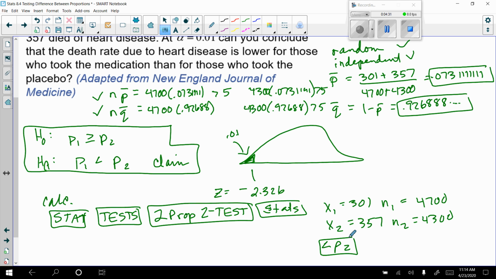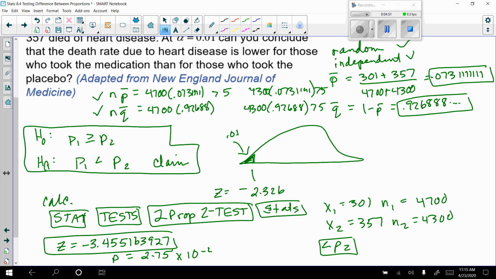I come up with a z of negative 3.455163927. I come up with a p-value of 2.75 times 10 to the negative 4. That means I have to move that decimal place 4 places to the left. That means that's 0.000275.